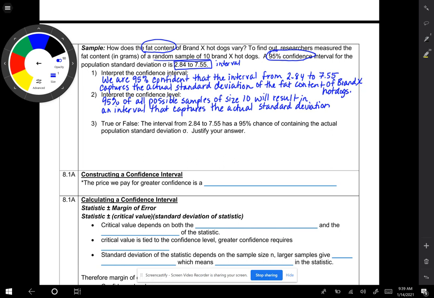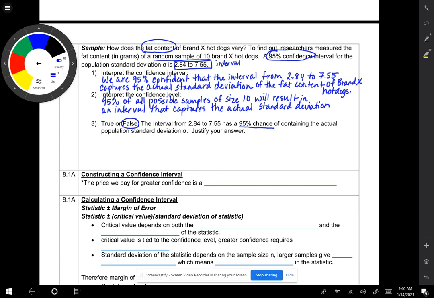And then lastly, true or false. The interval from 2.84 to 7.55 has a 95% chance of containing the actual population standard deviation, sigma. And this is false. It's not that hard to wrap your head around this, and it's not that important, but just note that the confidence interval does not talk about probability or chance. The probability is going to be 1 or 0.